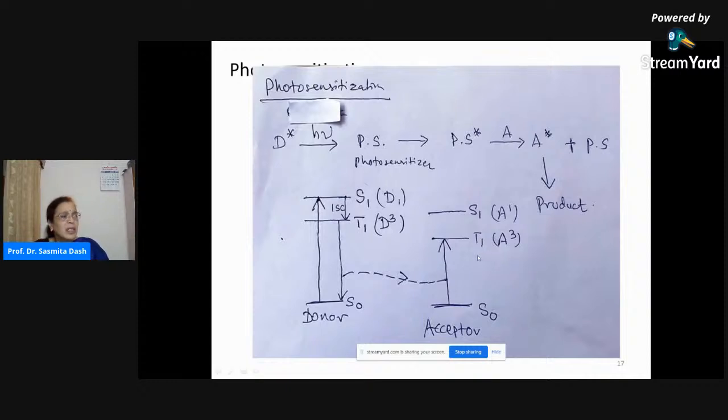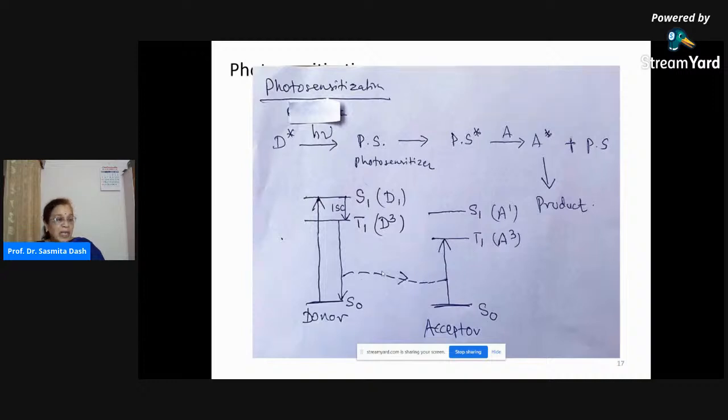Numerous photosensitizers are used nowadays. Some examples of atomic sensitizers are mercury, cadmium, and zinc. And some molecular sensitizers to be noted are benzophenone and sulfur dioxide.